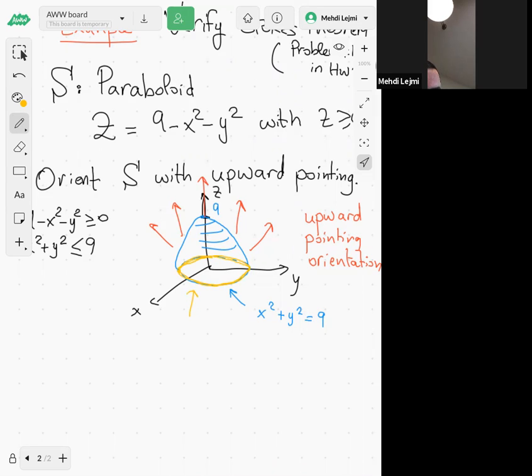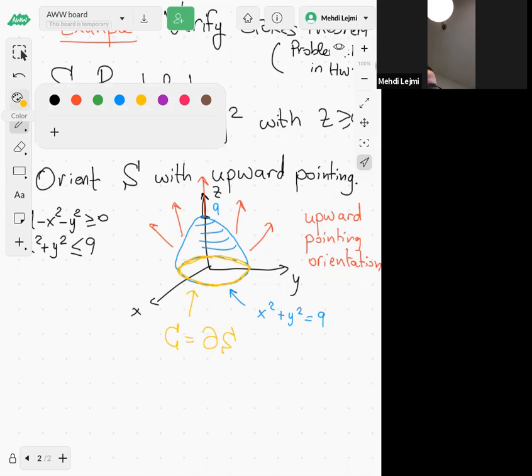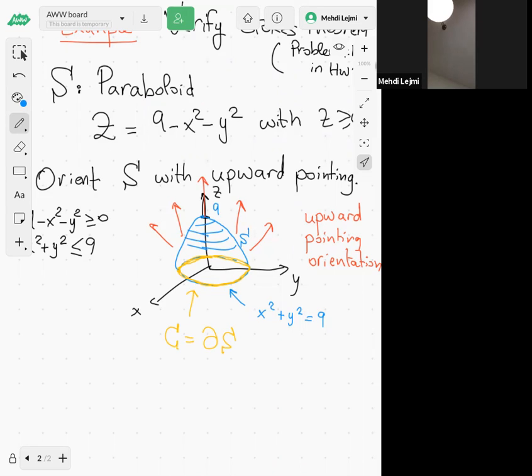That's my curve C, which is the boundary of the surface S. All right. So the boundary is just the circle which lies on the xy plane. It's the circle x squared plus y squared equals 9, right? So we just write it for you here, guys. The boundary of S is x squared plus y squared equals 9 with z equals 0. Okay, that's the boundary of my paraboloid.